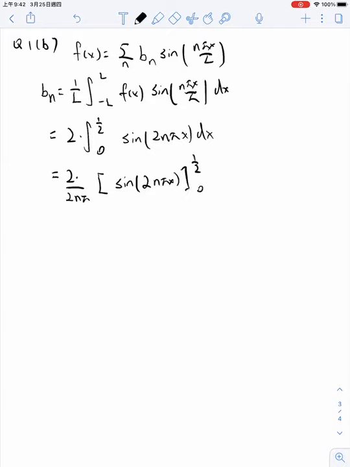And after integration, you will get this, and oh, it should be cosine here, with a negative sign. So you get cosine n pi plus 1.